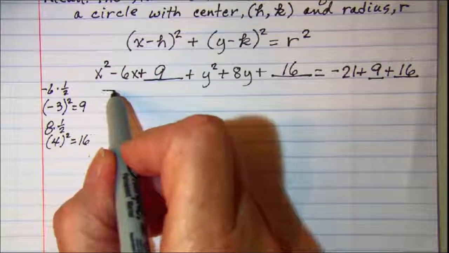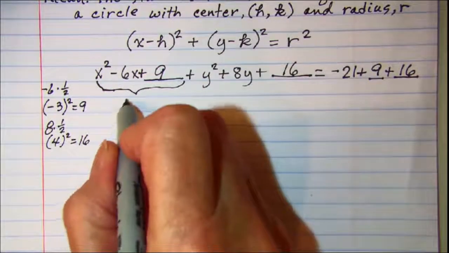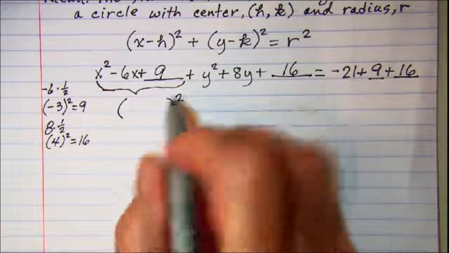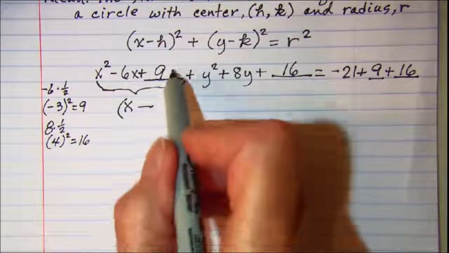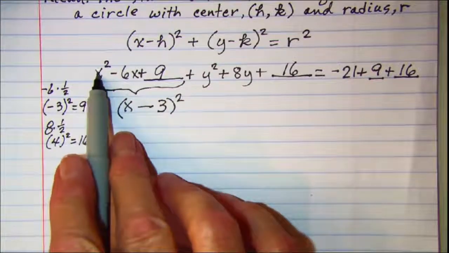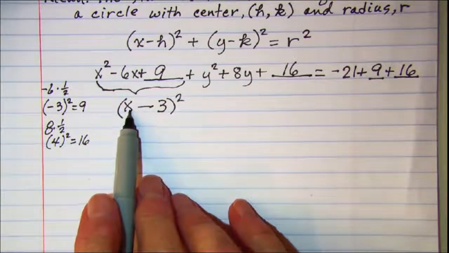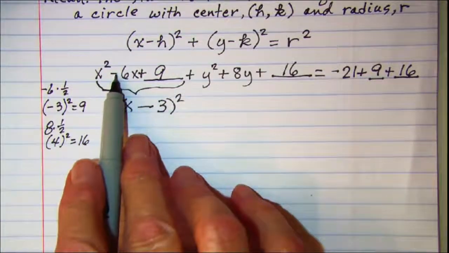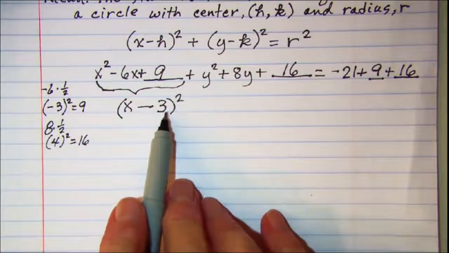Now this trinomial here is the square of x minus 3. And you get these terms by square rooting the first term, the x squared, that's how I got the x. Then you take the sign of your middle term, which is minus, and then square root the 9, which is 3.